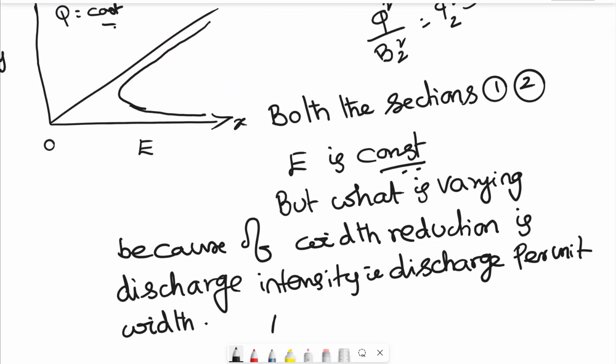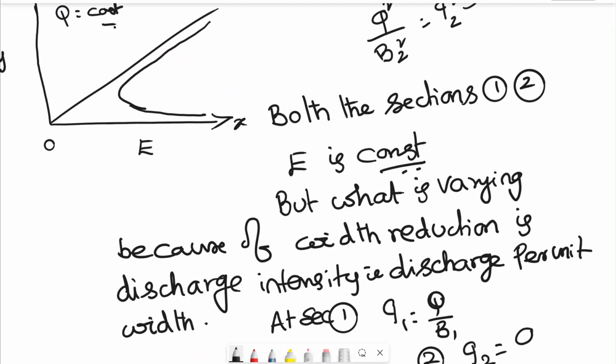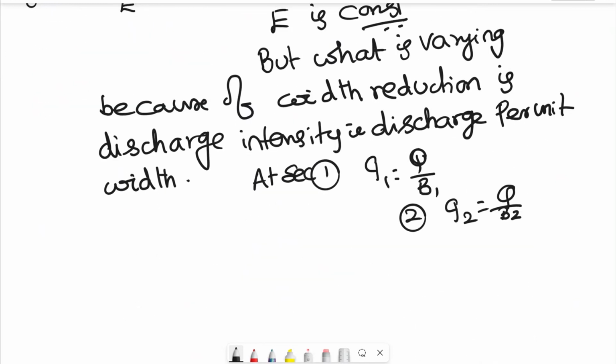Now if you see at section 1, q1 is equal to Q by B1. At section 2, q2 is equal to Q by B2. We know B2 is less than B1.